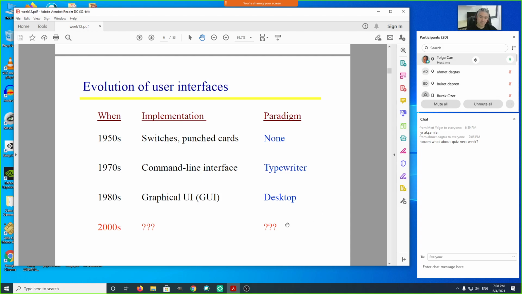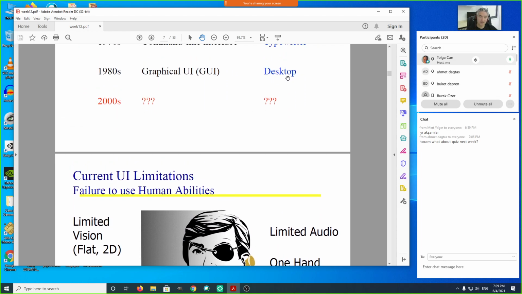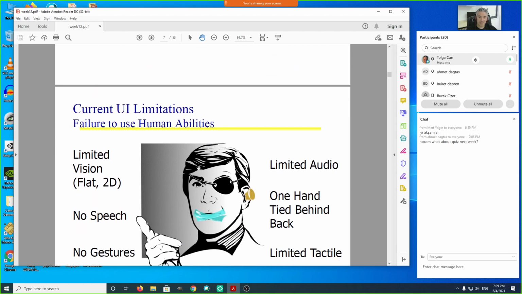But whatever it is, it will have to use some kind of intelligent mechanism, intelligent interfaces, where one of those components may be a vision-based, a camera-based interface. And if you just take a look at your interaction with your desktop these days, you may think that it limits the human capabilities to some regard, because humans have two eyes, so we can see stereo, but our desktops are still flat 2D screens.